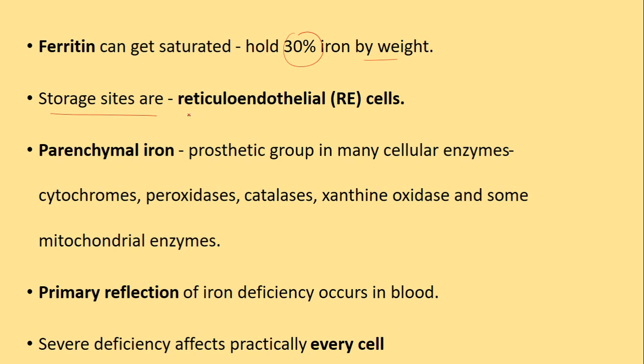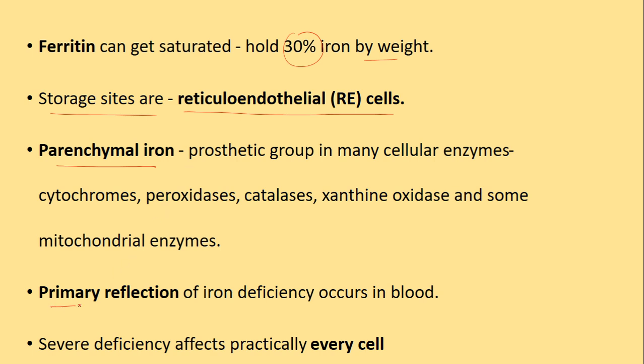The storage sites are the reticuloendothelial cells like spleen and liver, and iron also helps in enzymatic activity in the parenchyma with the help of parenchymal iron. Many enzymatic activities function due to iron as a cofactor.